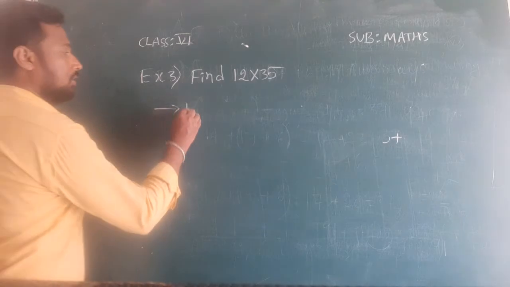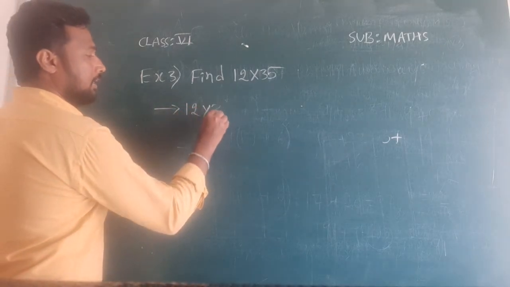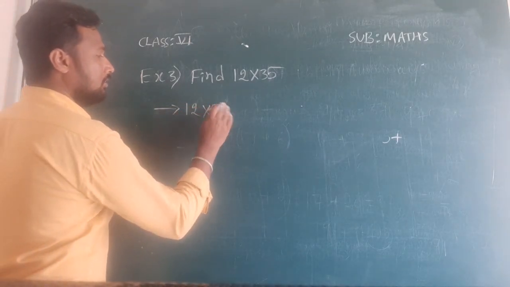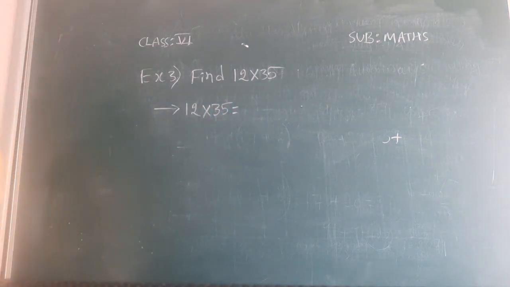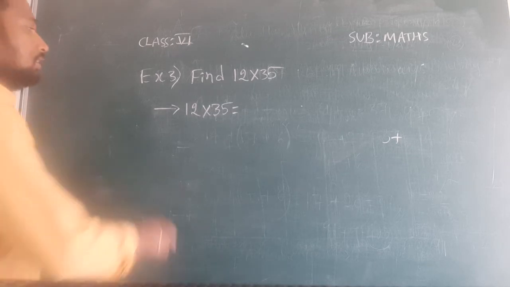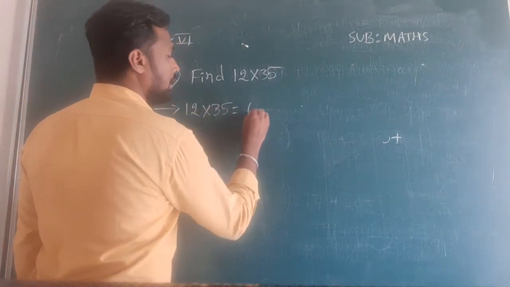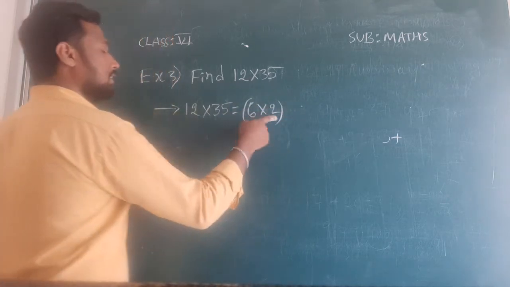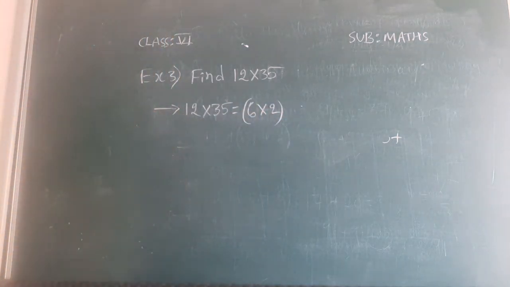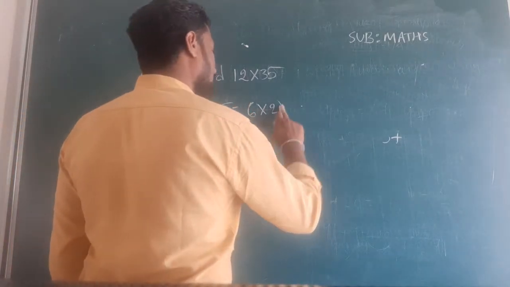So 12 into 35, I will write it as it is first. And here 12 means what you can write, 12 means 6 into 2 we can write. 6 into 2 is nothing but 12 only. Here I will not use the bracket first.